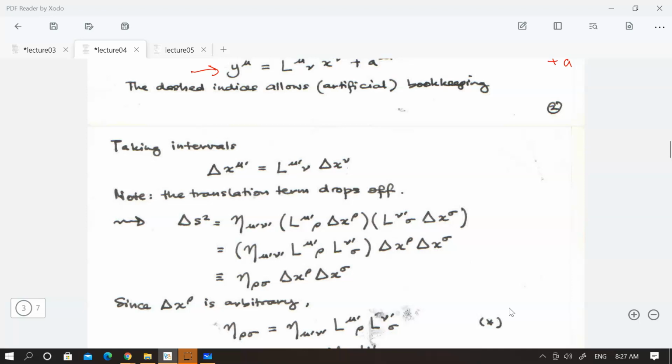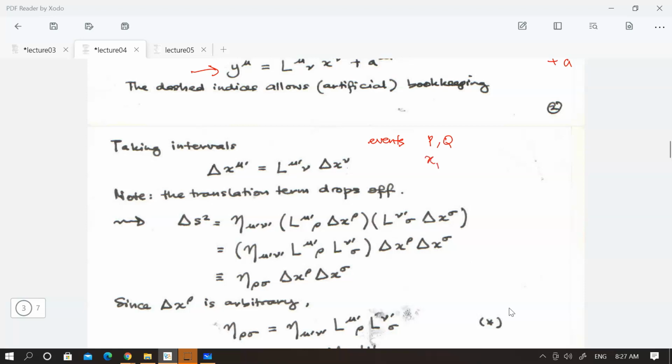It's going to look so bad. Let's suppose I have two events, P and Q. Okay, two events.